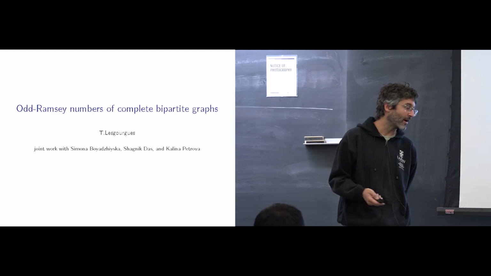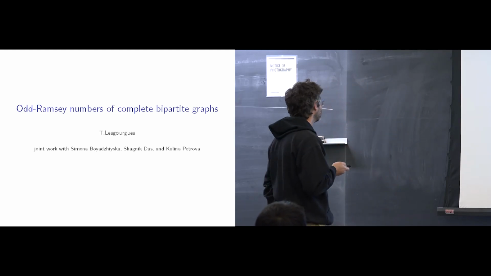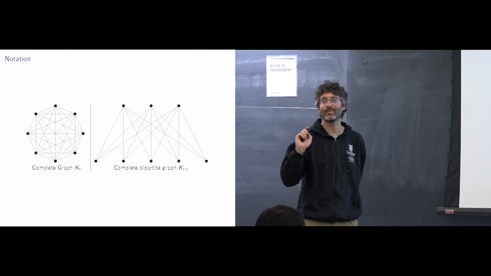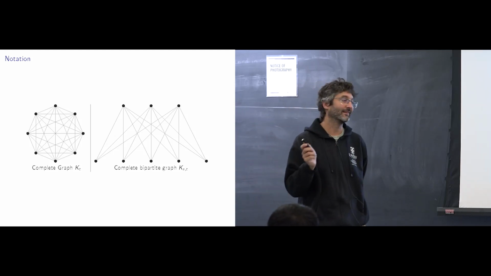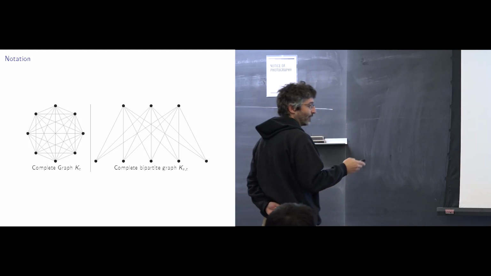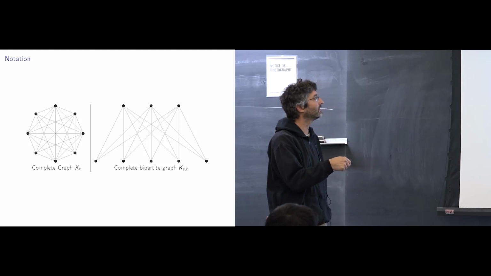Before we start, I'm going to be talking about graphs today. There are just two things you might want to know about graphs. A graph is an object with vertices and edges.